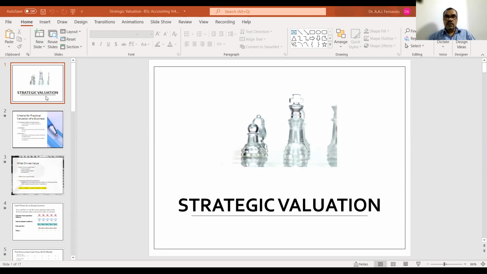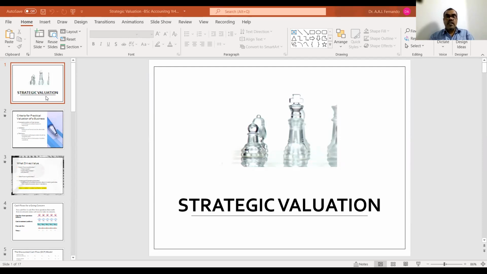Before moving on to strategic valuation, please keep in mind that strategic valuation is going to focus on the value of a corporation as a whole. That means the accumulated summation of all the values together. The aggregate value of a corporation is discussed under strategic valuation.